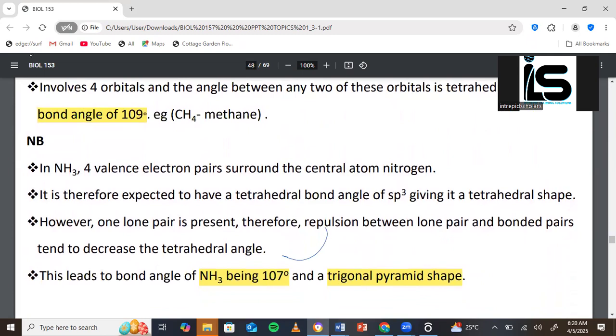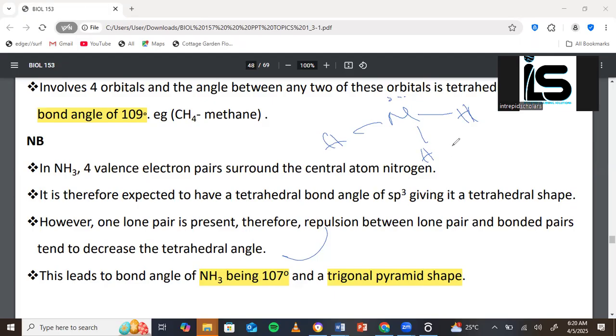There are some discrepancies that we have to take note of. In ammonia, the nitrogen is sp3, right? But because of the lone pair of electrons on the nitrogen, which is how I draw ammonia, it causes repulsion.